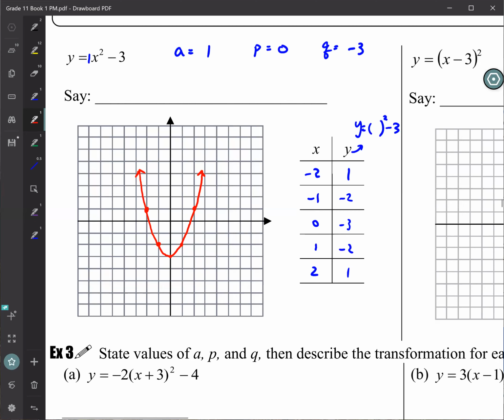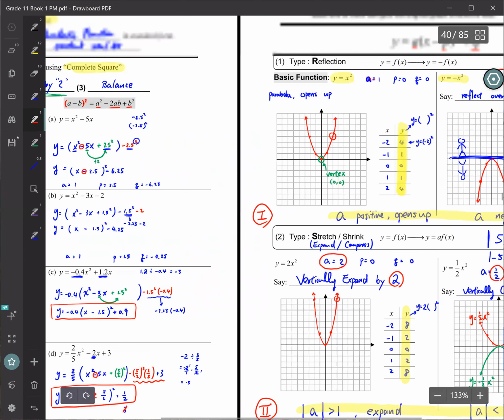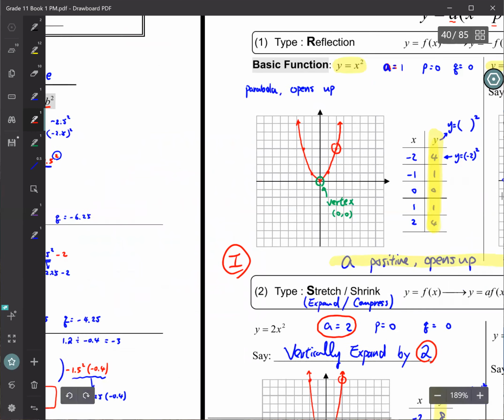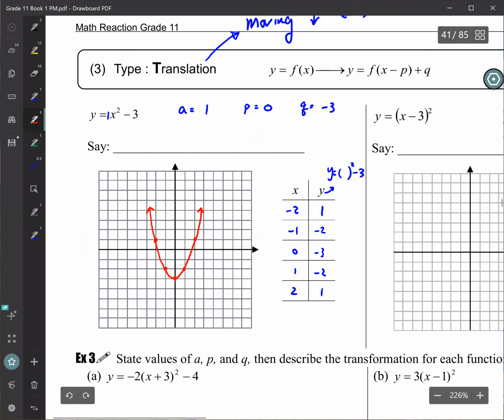Please compare with the last graph we had before, the basic one, and compare with the new one. It is at a different place now. If you want to describe in a sentence what happened to the graph, what would you say? Ivy, compare with the basic, what happened?